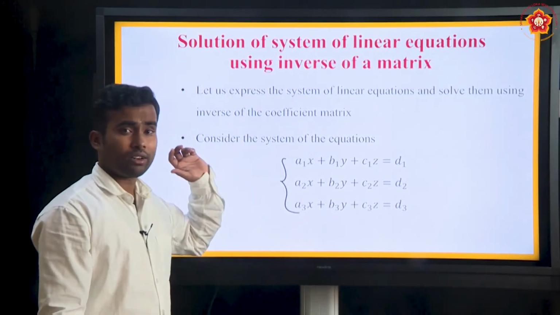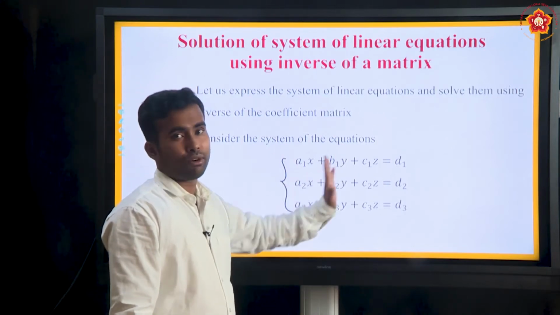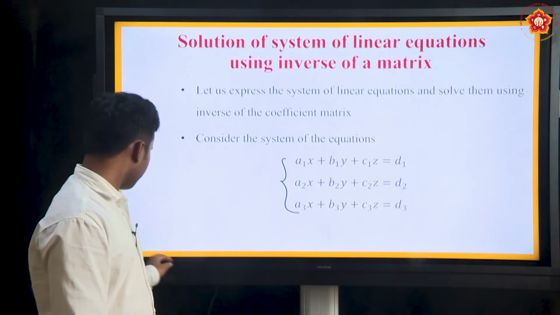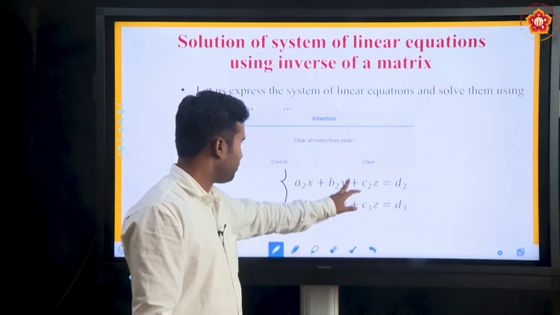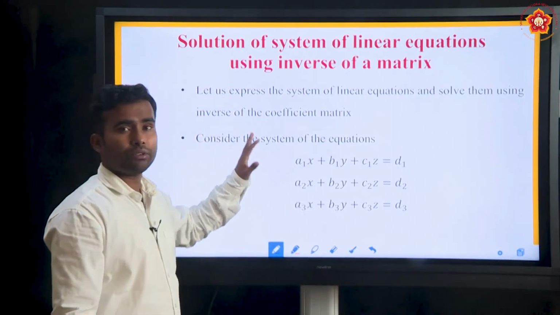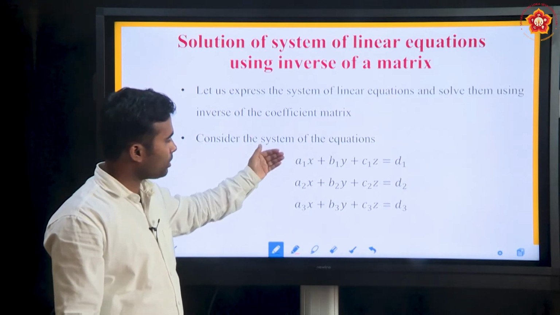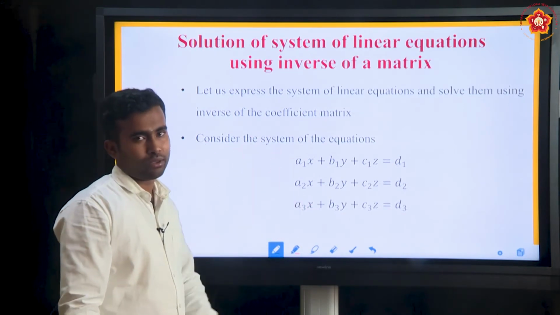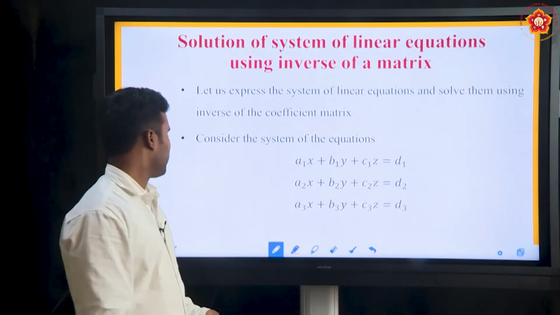And also we can write the given system of equations in matrix form as well, okay. And here x, y, z are the variables, as you know, right. In this we are going to find the solution of these variables by the matrix method, okay.